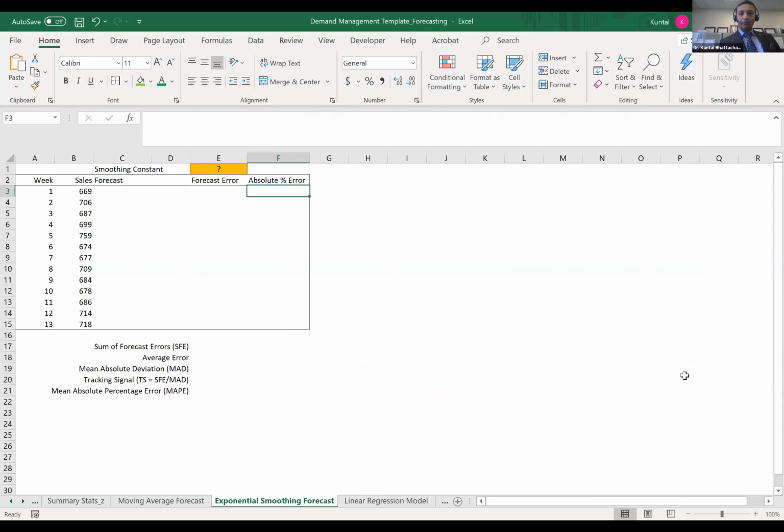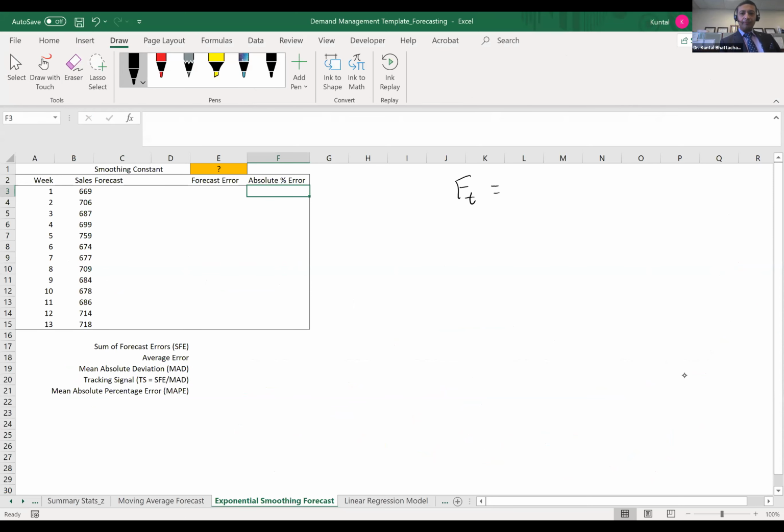So what we said is the forecast for period T would be the forecast from the previous period plus an exponential smoothing factor times the error from the previous period. That's essentially how we will capture these.